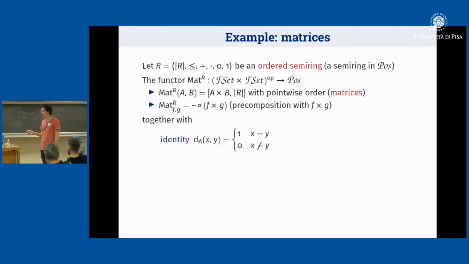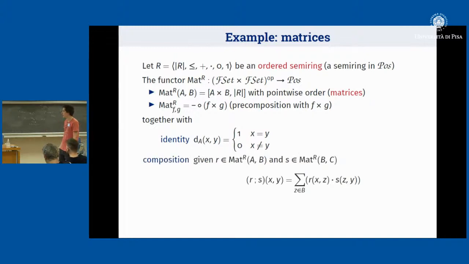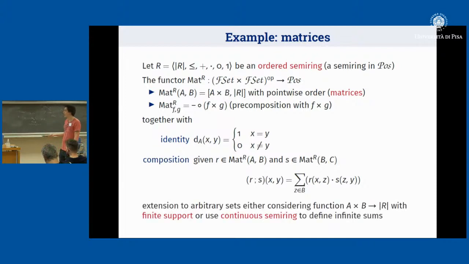So here the identity is the Kronecker delta, basically. And relational composition is given by matrix multiplication, basically. Notice that the sum is finite because we are working with finite sets. And we can extend all this also to arbitrary sets in a couple of ways. Maybe we can discuss it afterwards if you're interested.